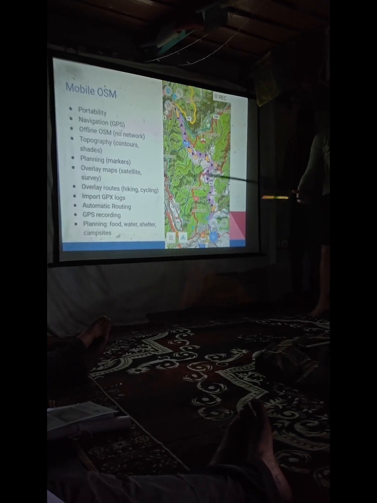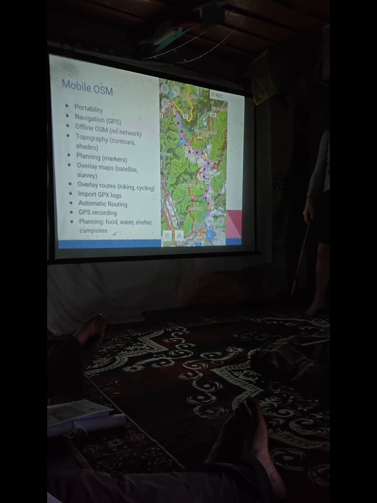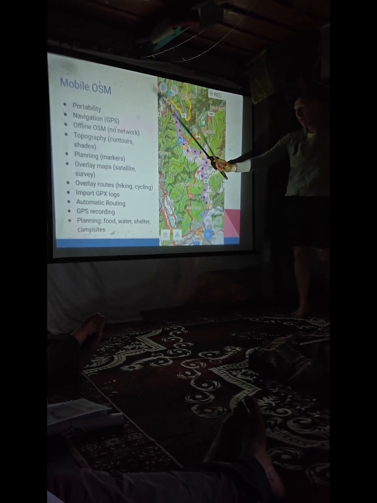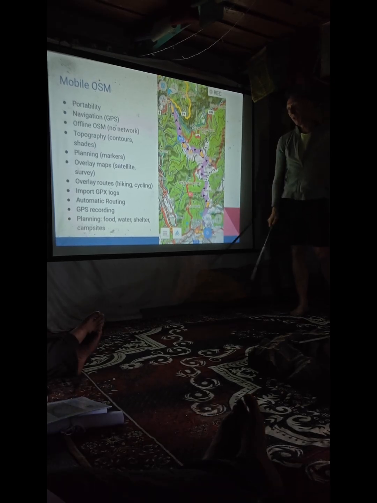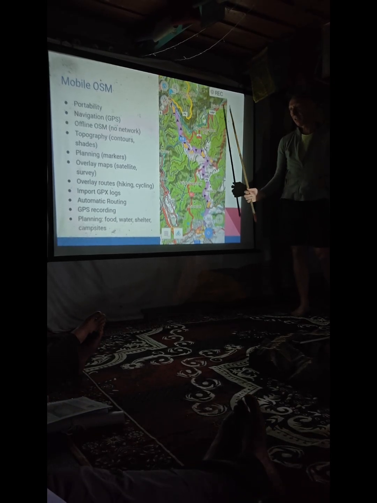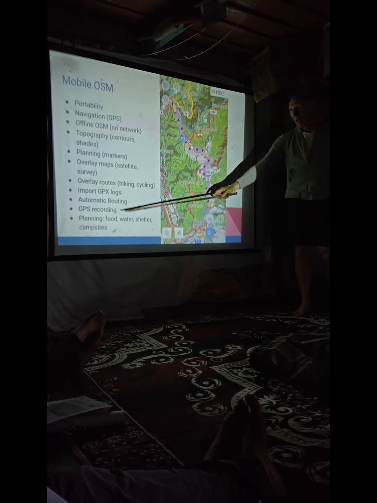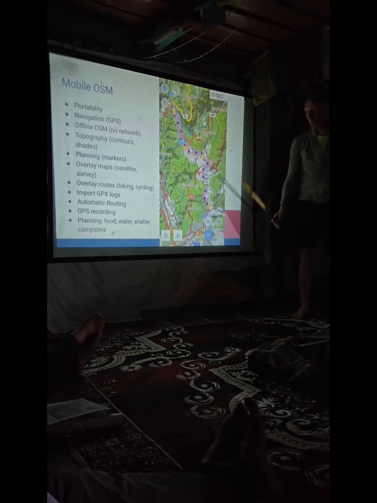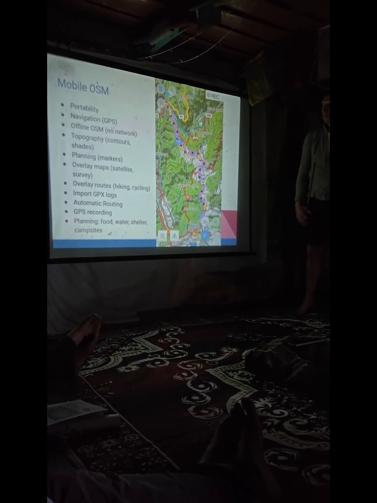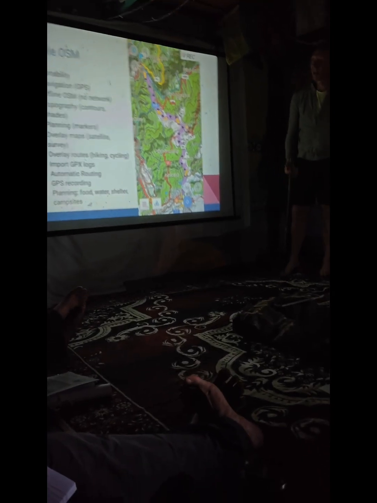It will follow a hiking trail or a cycling trail, depending on how you are traveling. I can overlay different maps, I can overlay GPX files with routes. Somebody went somewhere, he recorded the trail, he can share it with me, he can share his plan with me. And I can record my routes, and I can start looking at food points, water points, campsites, etc. So all in one Swiss knife, I would say, for the independent hiker.